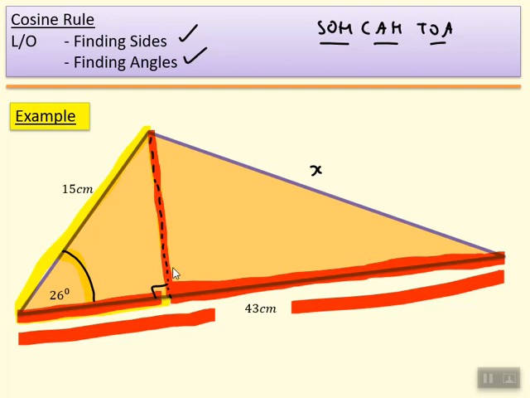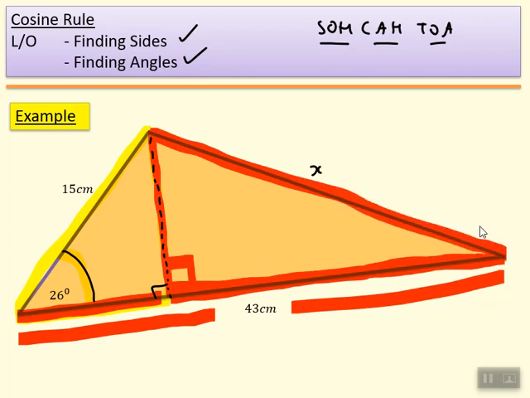Because that's a right angle, this would also have to be a right angle. Then you just use Pythagoras to work out that last side there, and then you've got x. So you split it into two right angle triangles, and you use the left-hand triangle to work out some missing information, and then use it to work out the missing information on the right angle triangle. I'm not going to do that for you. You can do it yourself.